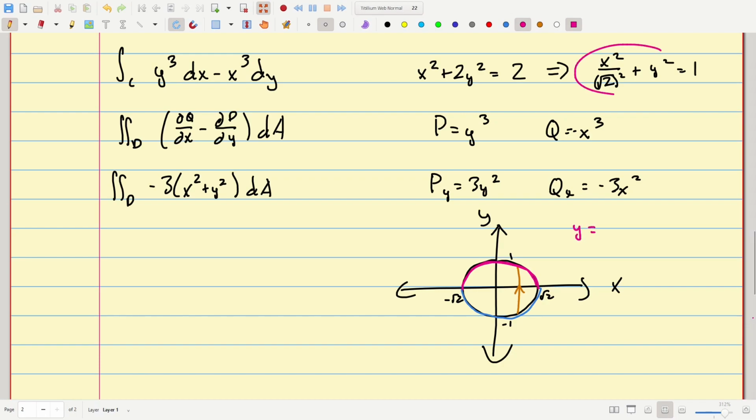If we solve for y, we're going to get plus or minus the square root of 1 minus x squared over 2, we'll just write it as 2 here so it's not cluttered. So we have those top and bottom curves, and the outer limits are going to be from negative radical 2 to radical 2.